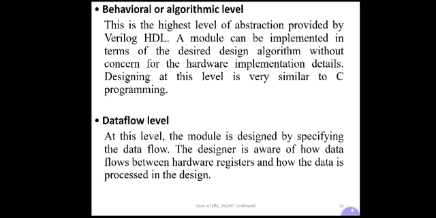If you consider another example, take a 2 to 1 multiplexer, in which again there is a truth table. The truth table information is converted into a behavioral modeling program, whereas there is no requirement of the circuit diagram, how the circuit is going to be connected from input to output. That information is not required here.